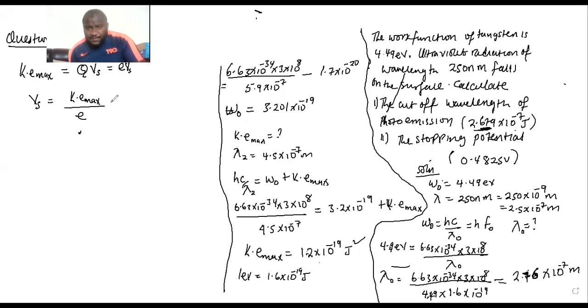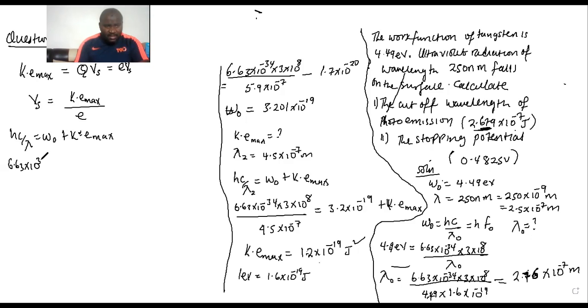Now, according to what we have, we can find the kinetic energy maximum from hc over lambda is equal to the work function plus kinetic energy maximum, whereby we shall have 6.63 times 10 power negative 34 times 3 times 10 power 8 divided by lambda, which is the wavelength of the incident radiation. The incident radiation is ultraviolet, and the wavelength is 2.5 times 10 power negative 7.